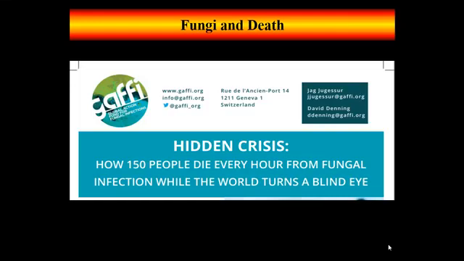So let's go to the black side of fungi and death. The available information is very scary and odd also. This data is available from the Global Action Fund for Fungal Infection, GAFFI.